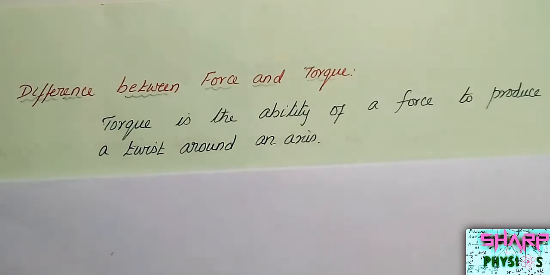But torque is the ability of a force to produce a twist around an axis. By force you can move anything from one place to another place. But torque rotates about a particular axis. That's the difference between force and torque. In torque, a force has to be applied, and depending on the direction in which the force is applied, it rotates about its own axis.